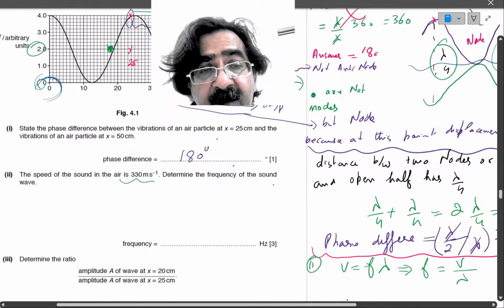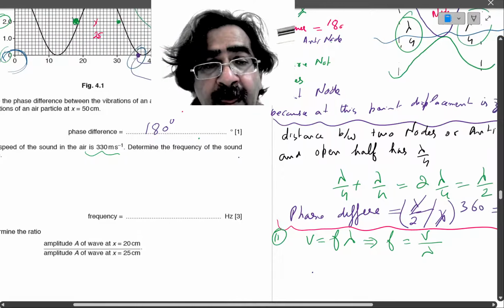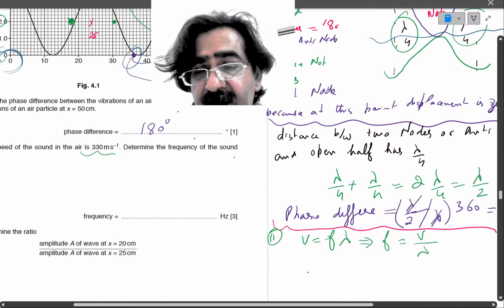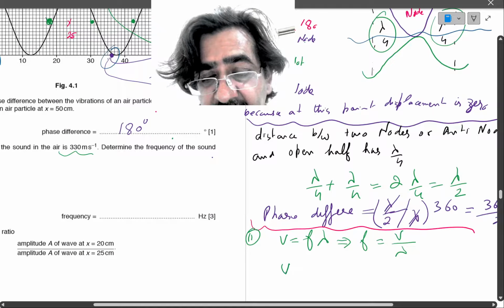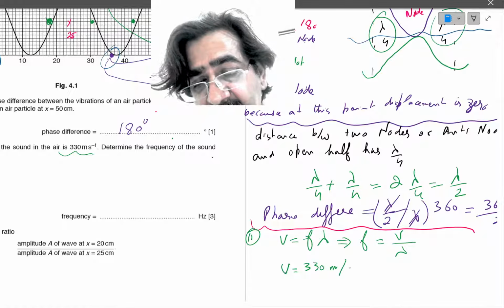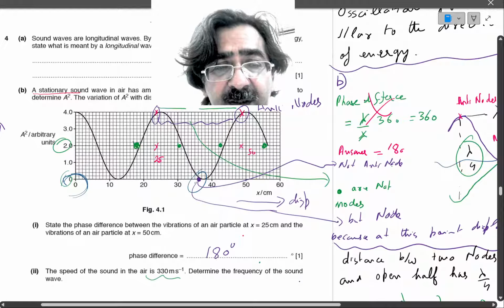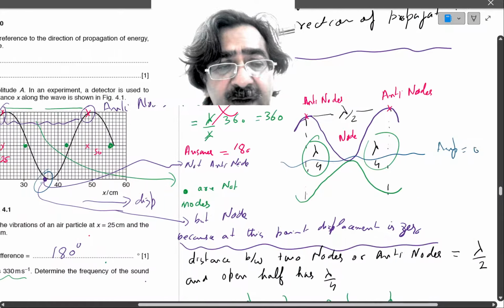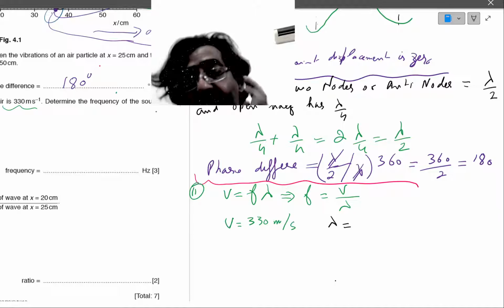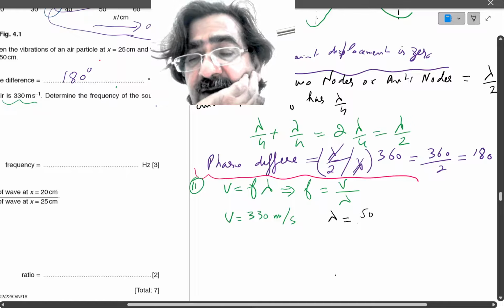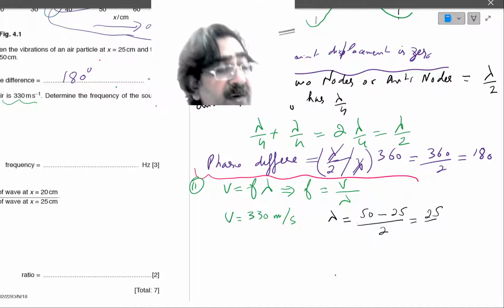So we have to calculate lambda. V is given, V is 330 meter per second, and lambda is from here 50 minus 25 divided by 2.